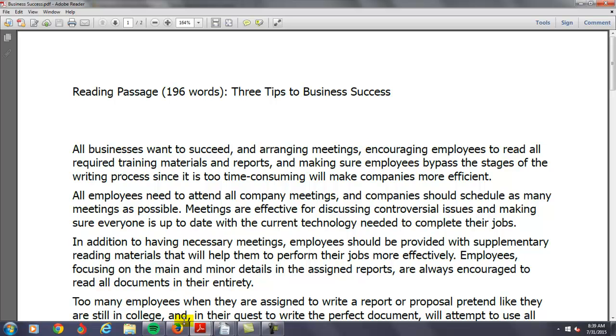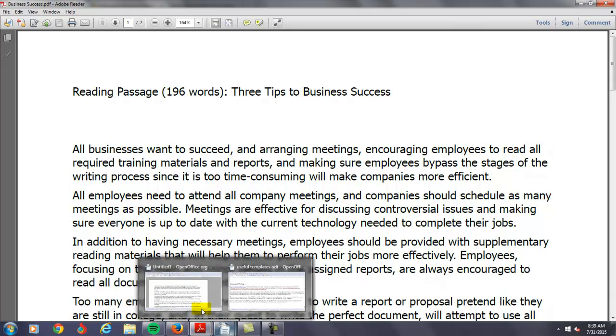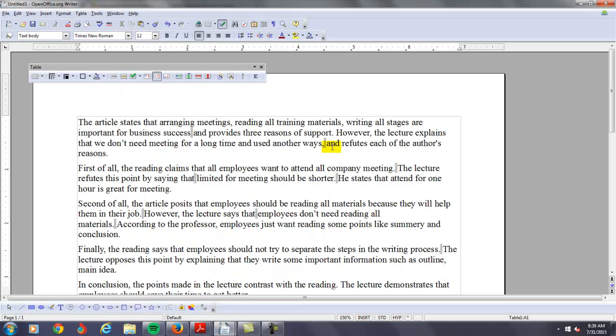So you didn't completely accurately explain that information here. So you can say, you might say, of the writing process.